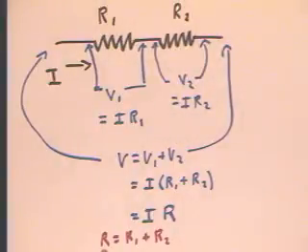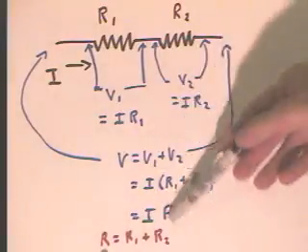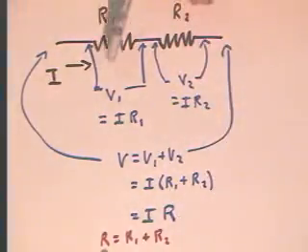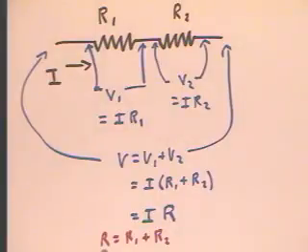Now, we'll continue with the algebra in a second, but the voltage is the sum of these two voltages, and let's see what that means. The voltage is indicated by the rate at which you have to crank the generator. That means that if we wanted to get this current just through this resistor, we would have to crank the generator at the rate that gives us this voltage.